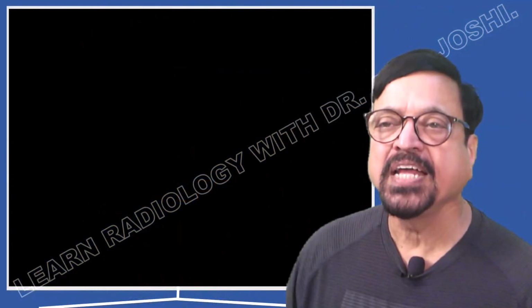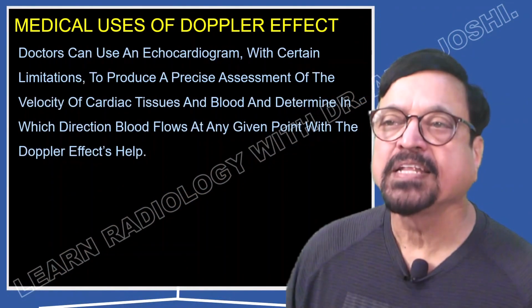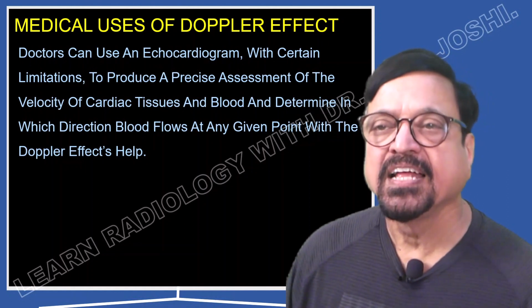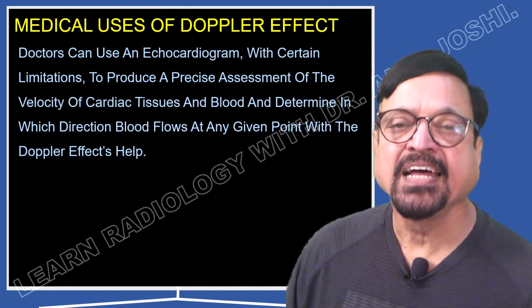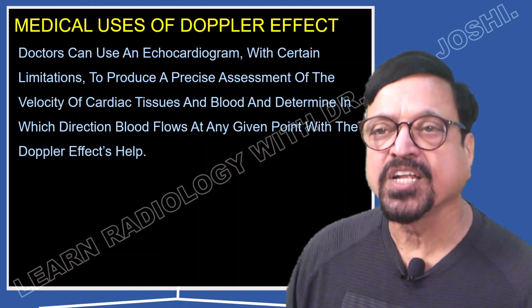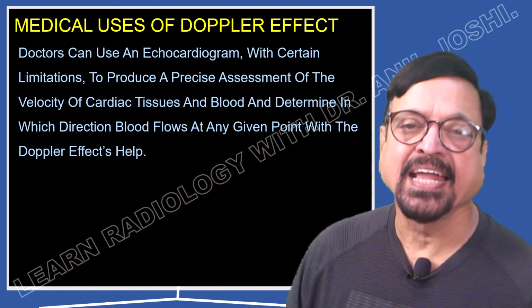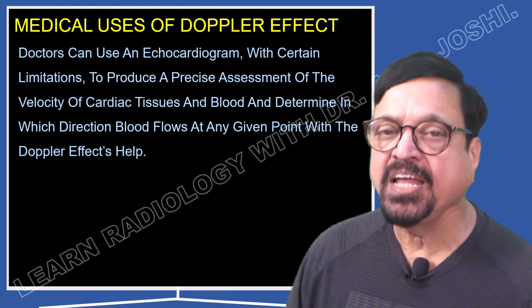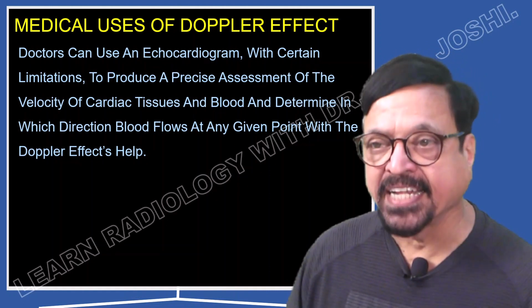Now let's go to the other common uses. What are the medical uses? Doppler can be used on moving objects like blood vessels. Doctors can use it for cardiac applications when the valves are moving or the blood is flowing through them.